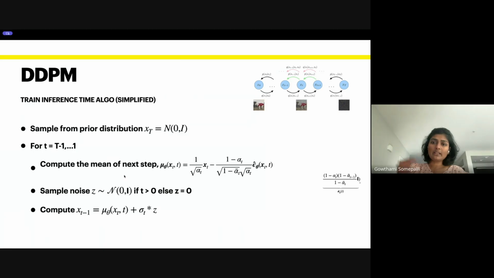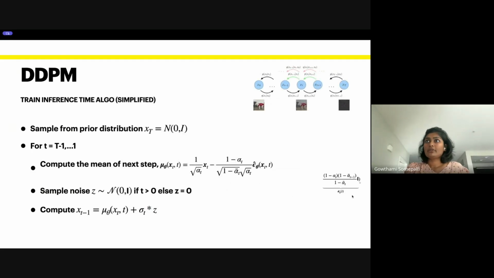Then you keep doing it again and again. Essentially, you start from here, predict the mean of the next distribution, sample from it, and use that as xt minus 1, and then predict the next distribution, and so on, until you reach some realistic looking image. That's all you are trying to do.